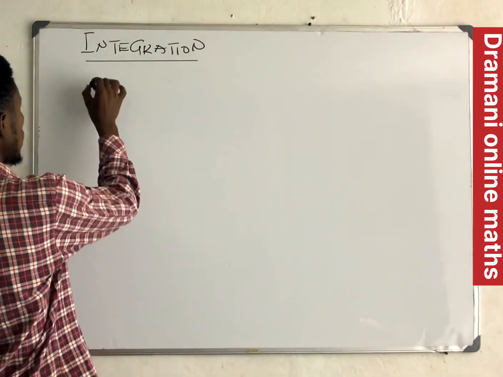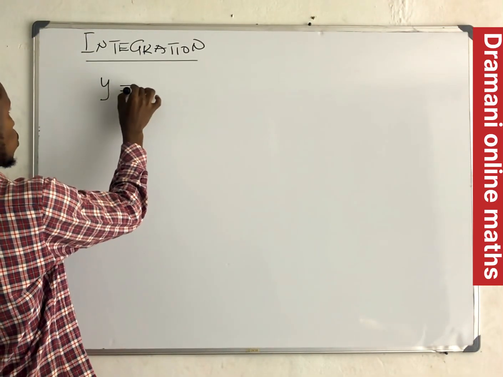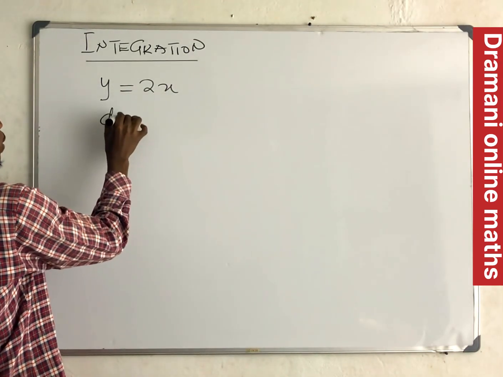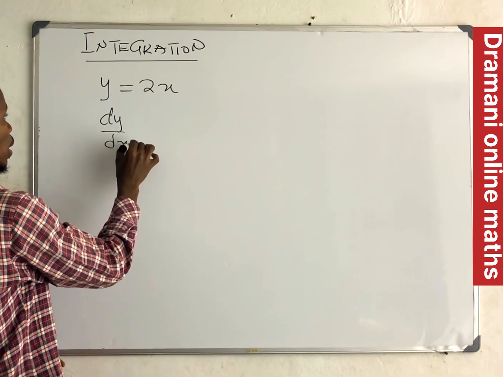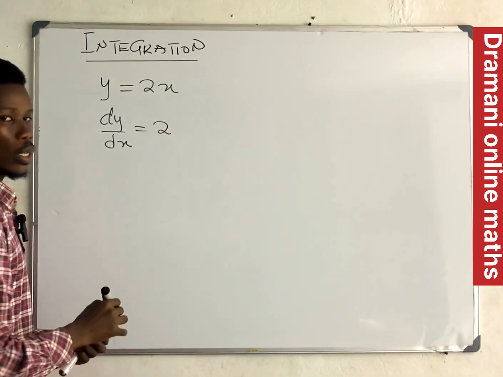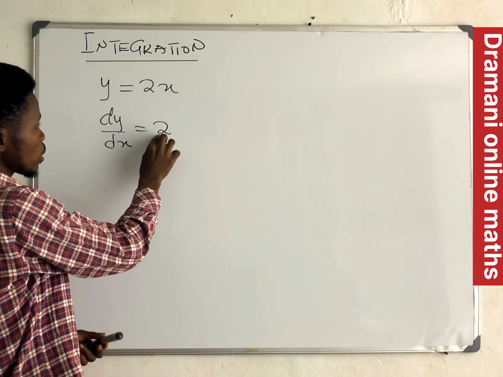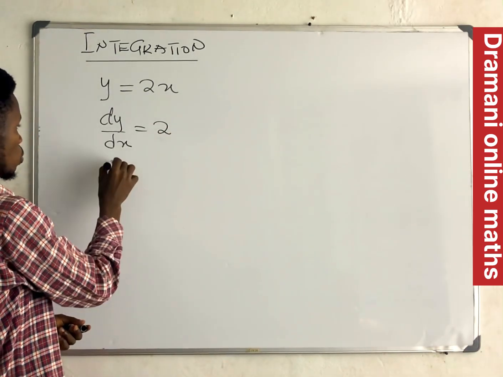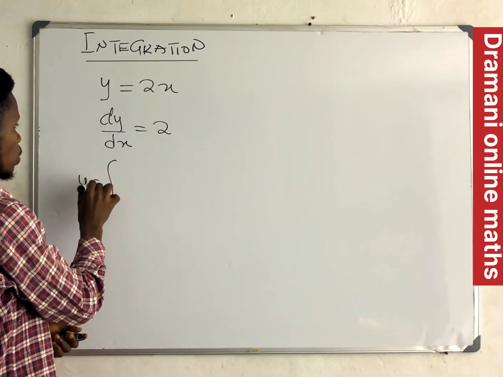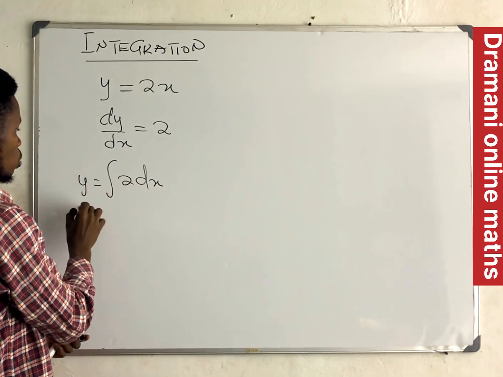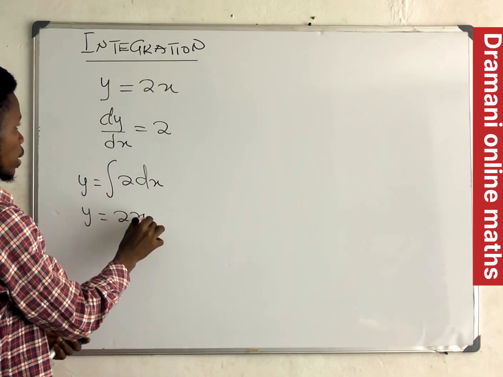Because if I have y equals 2x, if I differentiate this, dy/dx, I'll get 2. Also, if I integrate 2, so that is y equals the integral of 2, we get 2x.